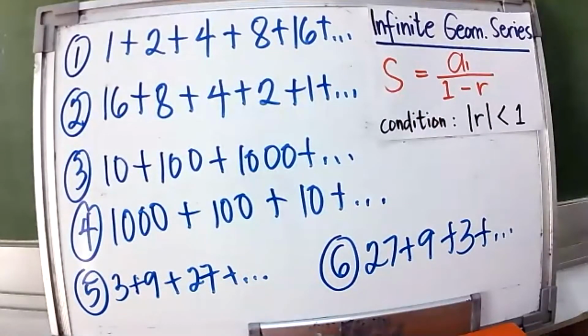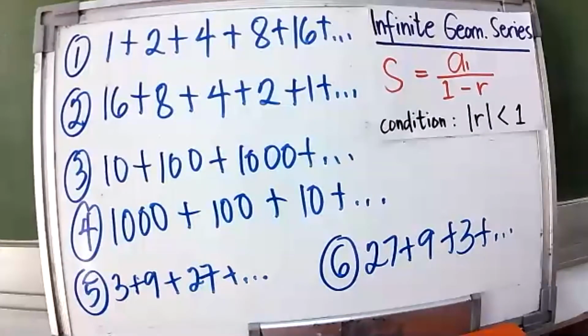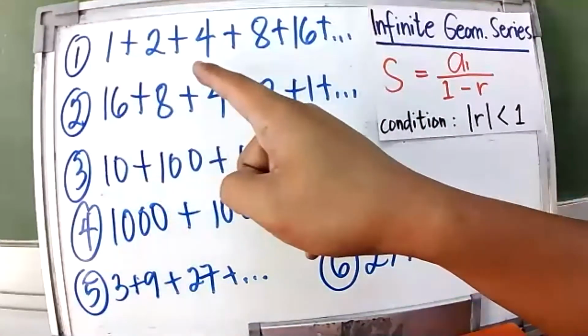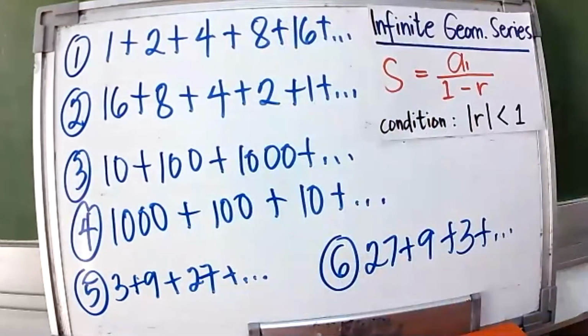So therefore, in our chat box, type the number of the infinite geometric series that has a sum. I repeat, in our chat box, try to analyze the given. Remember, listen. Don't look at your modules.